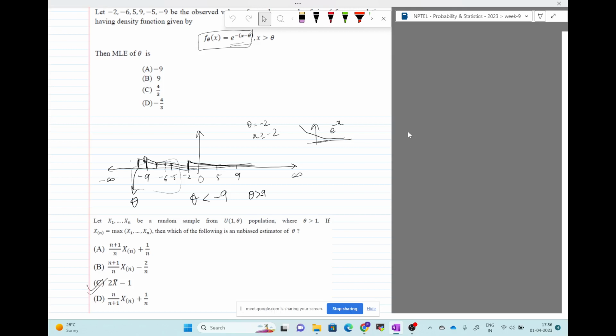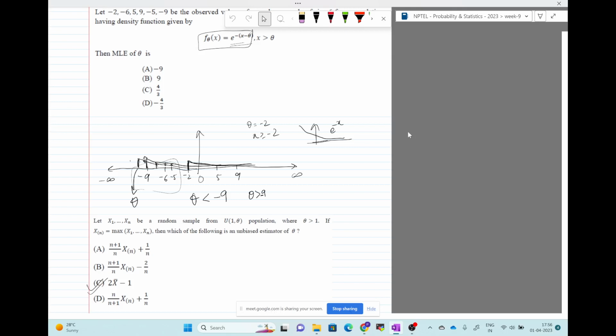Have you studied linear regression? Yes, linear regression studied. I think it is the same principle. You are finding the values of alpha cap and beta cap.